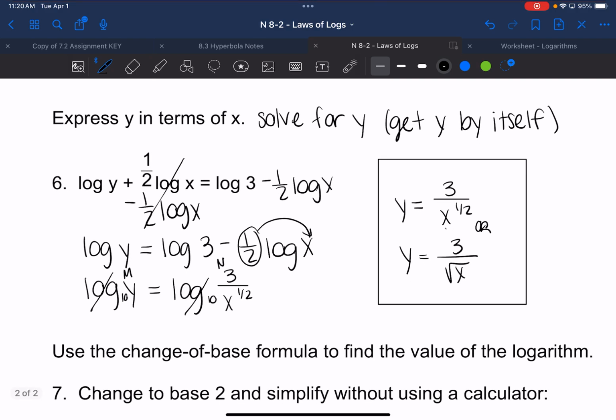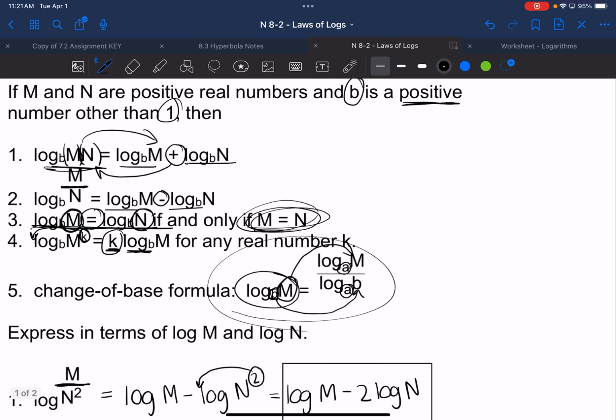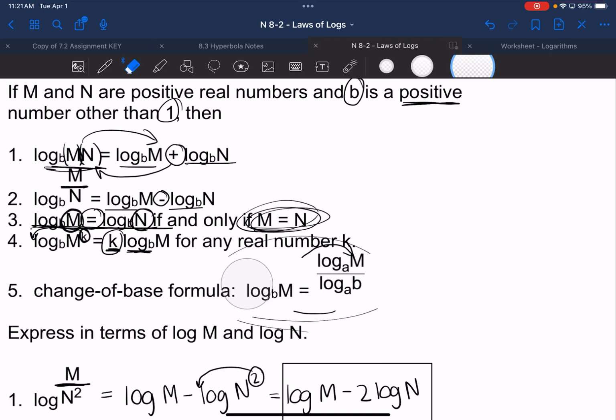Okay. All right. Next one says we're going to use that change of base formula. So the formula from number 5. Number 7 says to change the base to 2 and then simplify without a calculator. All right, well, let's flip back over and look at what that change of base formula was.